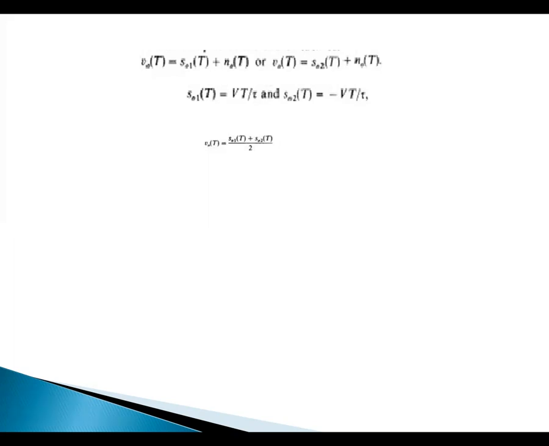If S01 of t is equal to VT by tau and S02 of t is equal to minus VT by tau, the decision boundary is 0, the midway. So the reference is 0, with 0 to the positive side and 0 to the negative side. That is, V naught of t is equal to (S01 of t plus S02 of t) by 2.